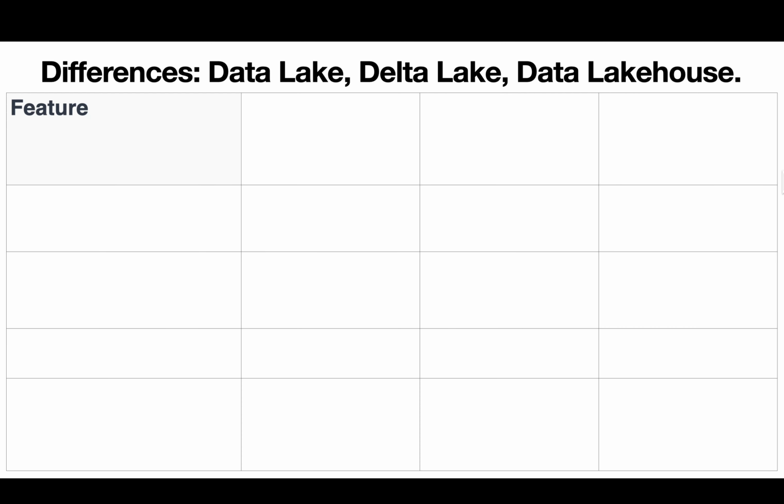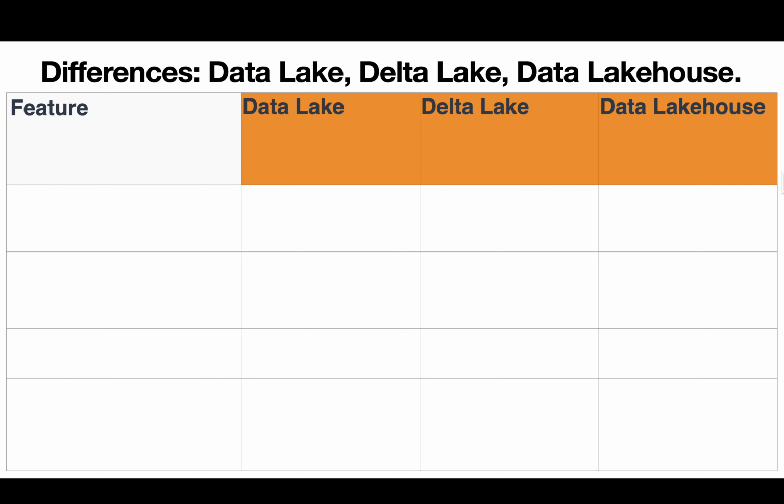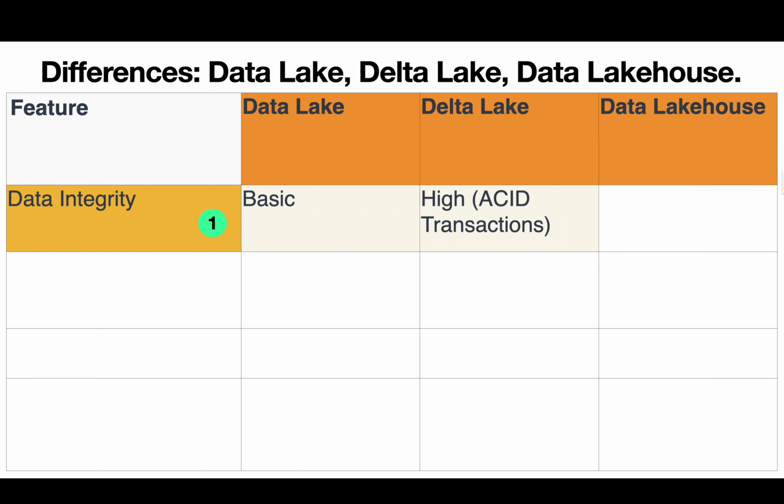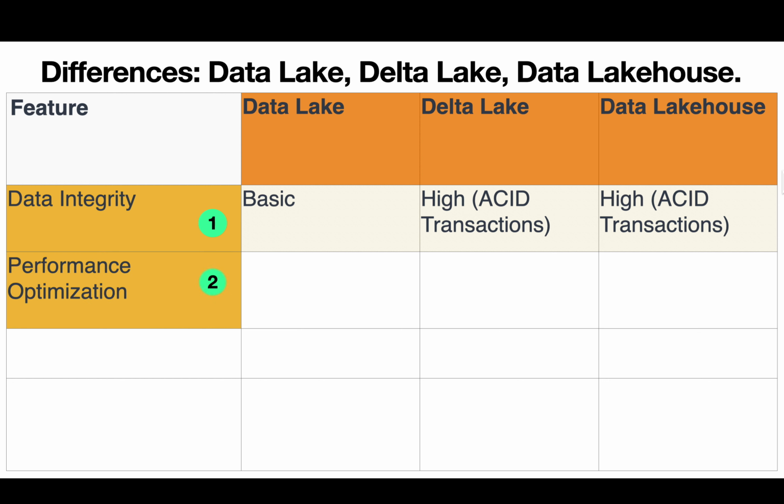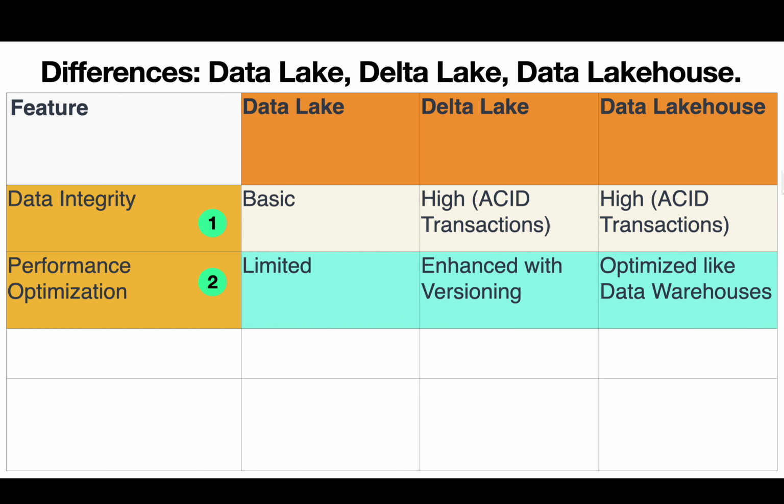Differences: data lake, Delta Lake, data lakehouse. 1. Data integrity and reliability. Delta Lake offers ACID transactions and versioning for higher data integrity, unlike traditional data lakes. Data lakehouses provide similar data reliability but within a unified architecture. 2. Performance optimization. Data lakehouses are optimized for performance similar to data warehouses, which is not a primary feature of traditional data lakes. 3.